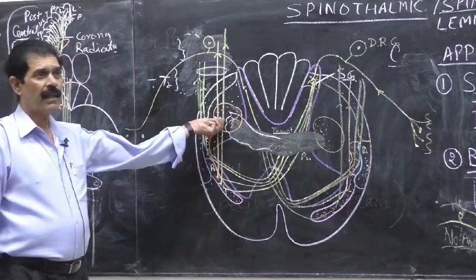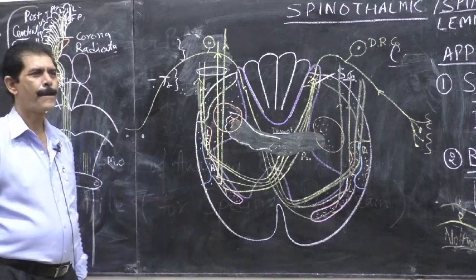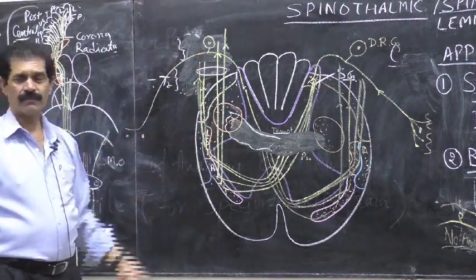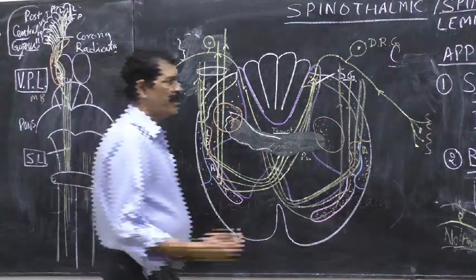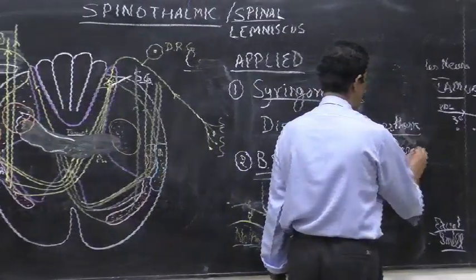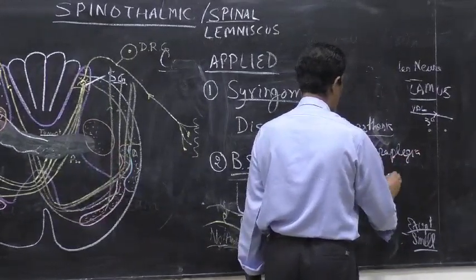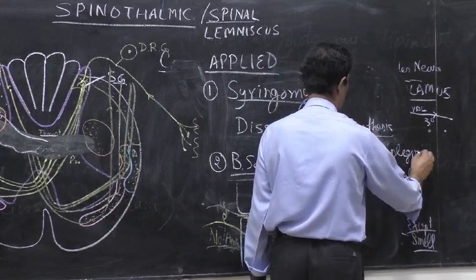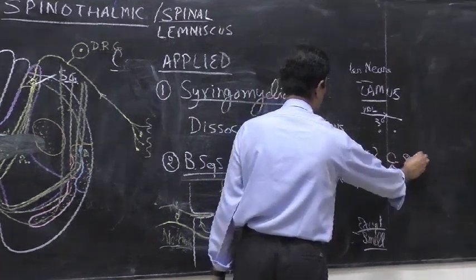If it involves the lumbar region, the patient comes with paraplegia. And if this occurs in the cervical region, then the patient may come with quadriplegia. So paraplegia or quadriplegia the patient may present with, due to the involvement of the corticospinal tract.